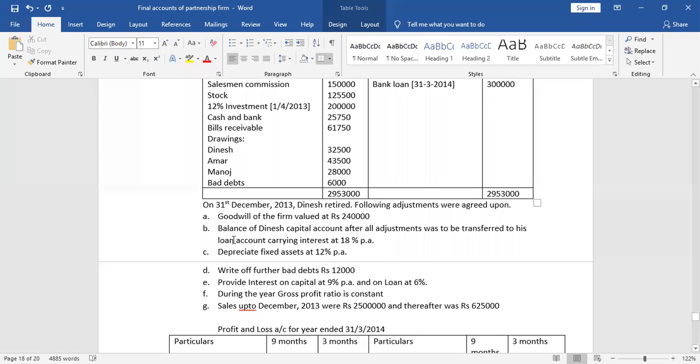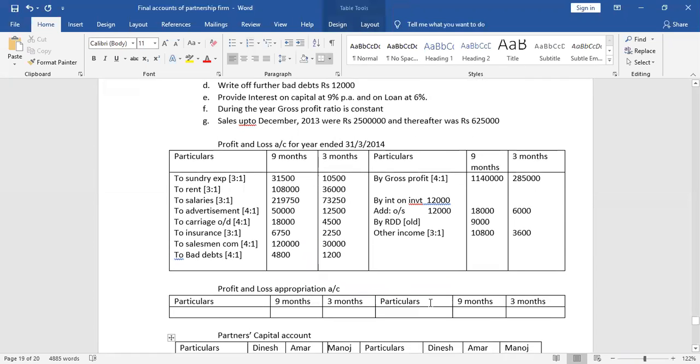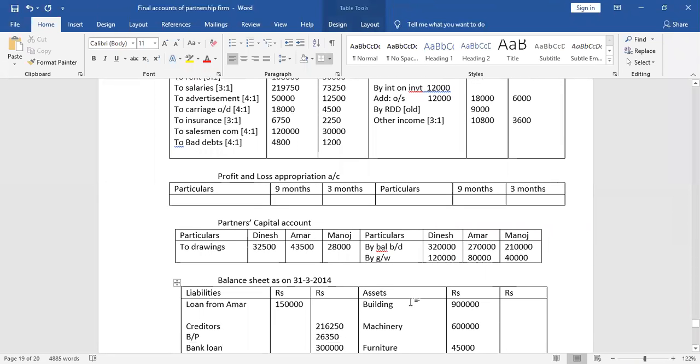His account will be converted into loan account, and it will fetch him an interest of 18% per annum. Then there is depreciation 12%. So depreciation के लिए go to asset and calculate depreciation in all fixed asset less depreciation 12%. So how much is 12% depreciation? 12% is 1,08,000. 1,08,000 minus करो, how much you will get?